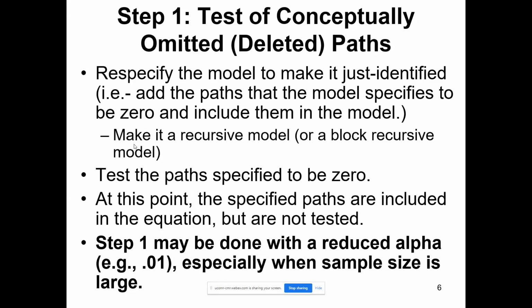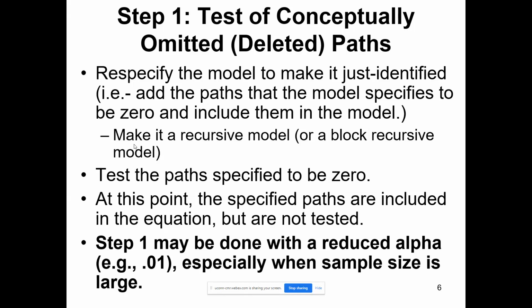Now, as soon as I say that, it's actually not a recursive model anymore, because the way I defined a recursive model is that it has no feedback loops, no looping back on itself in any way, and it also has no correlated disturbances.